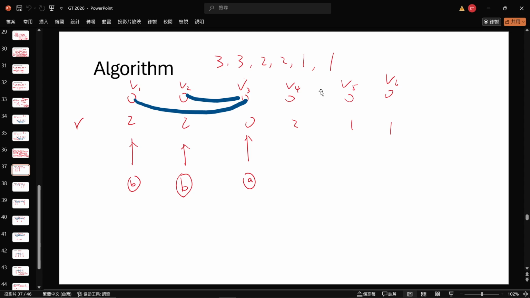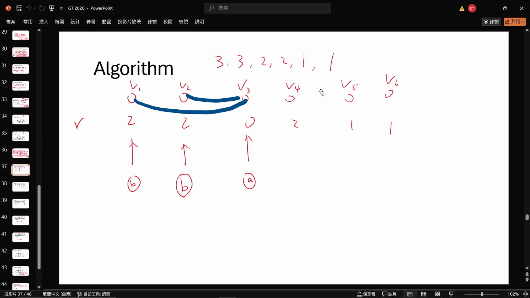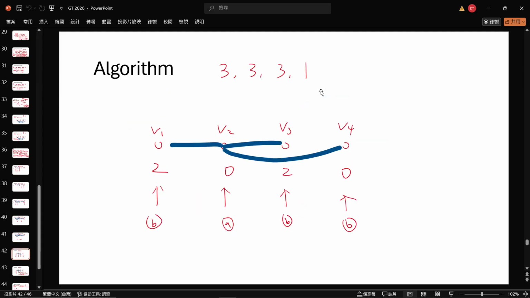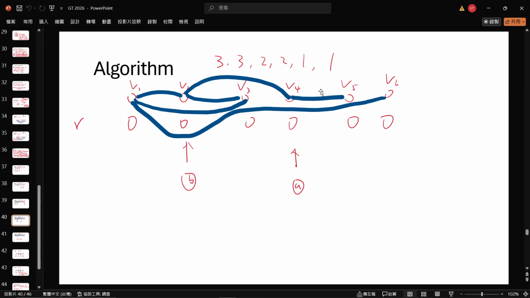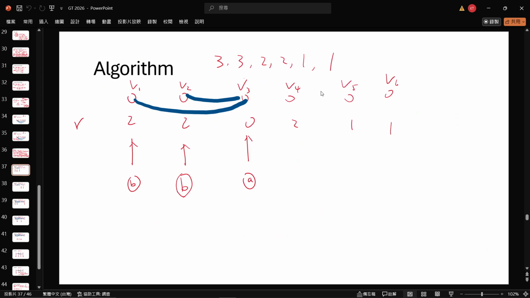And then we create edges and update the remaining degrees. So this row is the remaining degree. After this modification, R3 becomes 0, and R1 and R2 become 2.